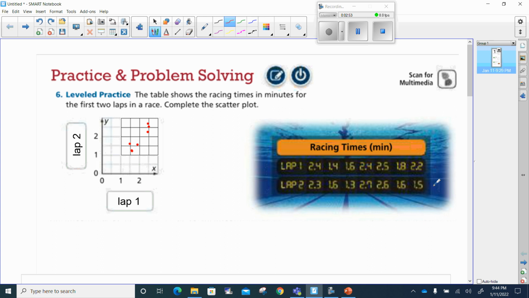And then I got 2.2 and 1.5. So 2.2 will be right about here, and 1.5 will be right here in the middle. And that's all of our scatter plot.